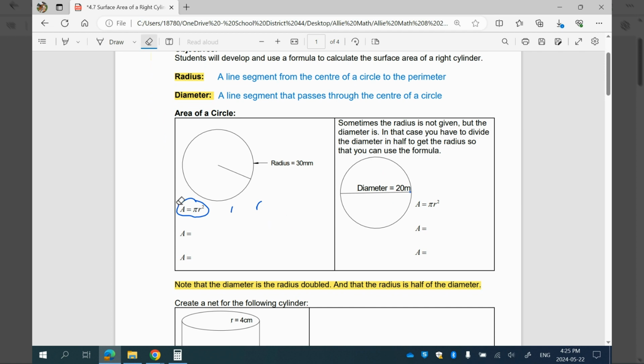And pi is, as I pointed out, I think in our bell work, an irrational number that goes on and on forever in a non-repeating fashion. It's the relationship between the diameter and the circumference of a circle. So diameter times pi equals the circumference.